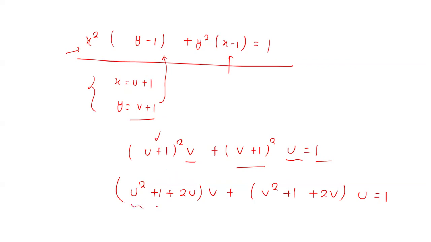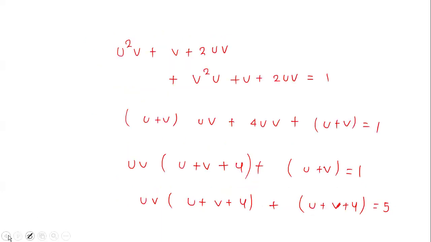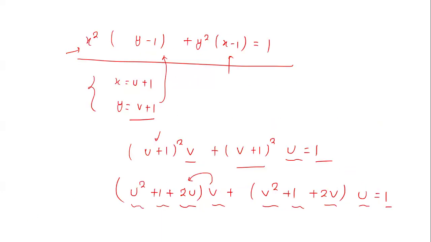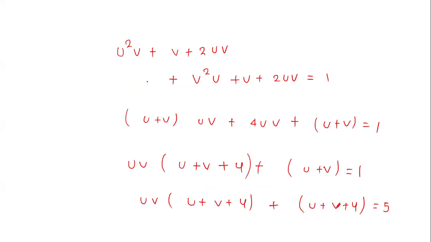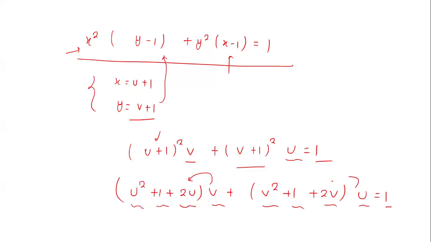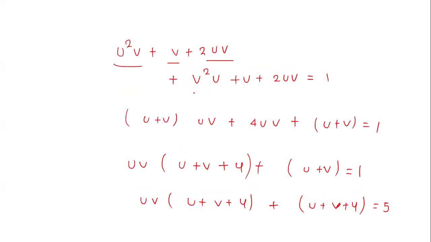So it will become u square plus 1 plus 2u, times v, and v square plus 1 plus 2v, times u, is equal to 1. Now you multiply v inside, so it will become u square v plus 2uv, and you multiply u inside, so it will become v square u plus 2uv is equal to 1.